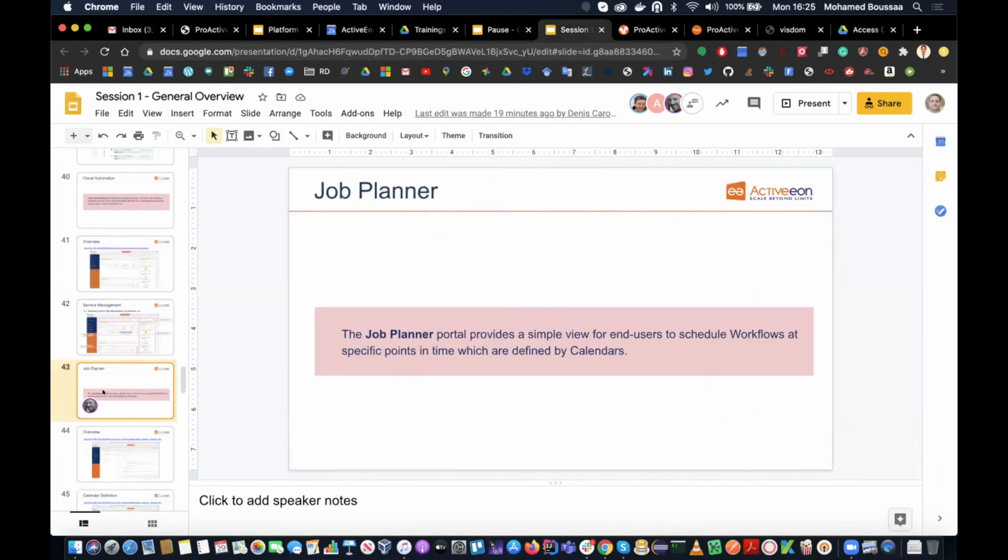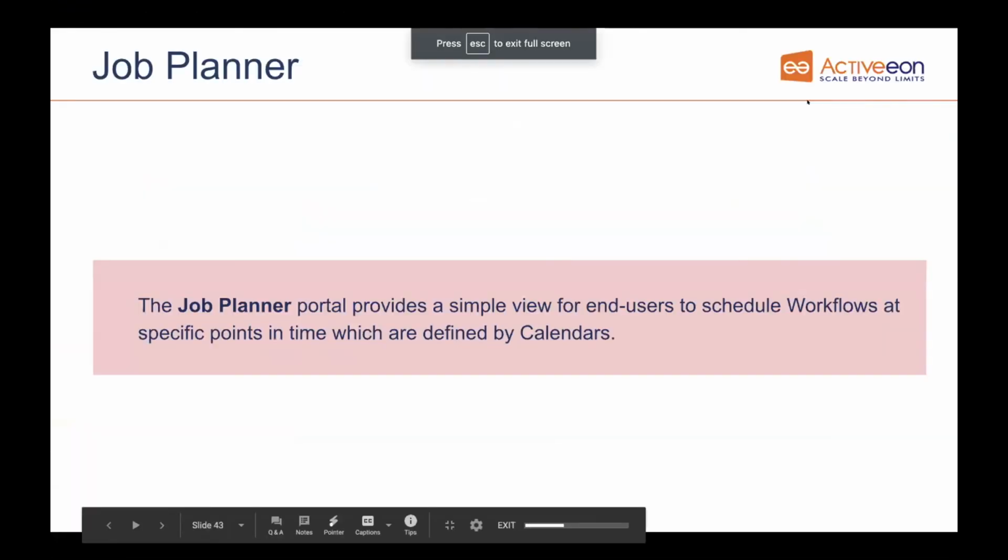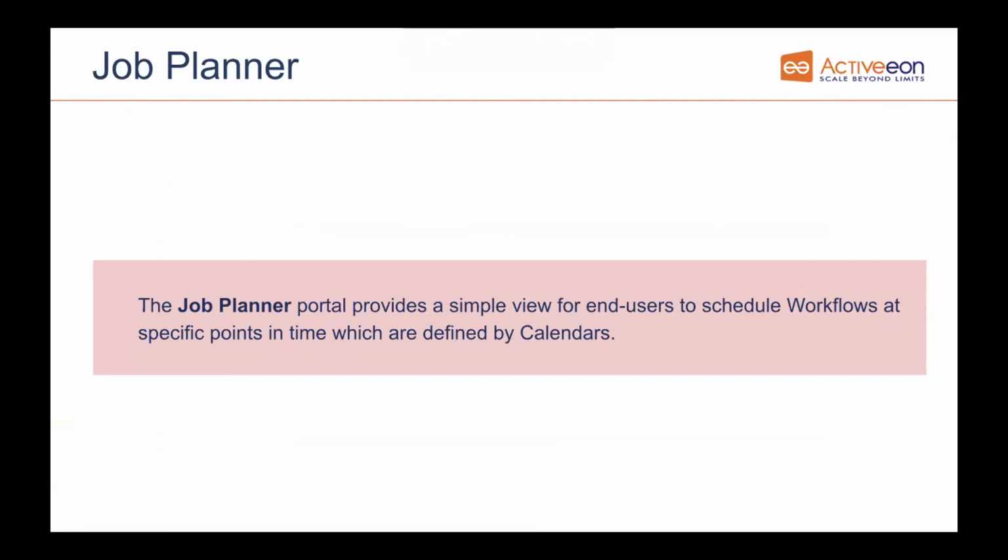So now we are going to present the job planner. Okay, so the job planner is another microservice that ProActive provides, which is useful to users that want to schedule some workflow execution in the future without any manual intervention.